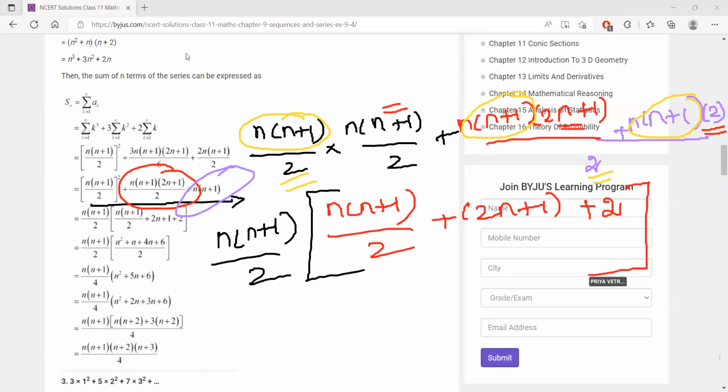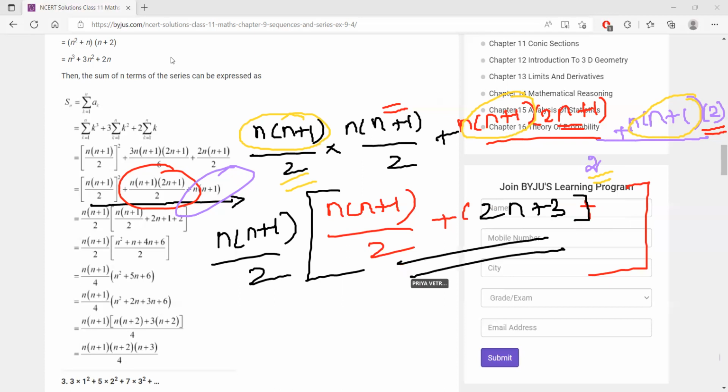Can you follow it all? Yeah. So now I have just simplified this. 2n plus 1 plus 2 can be written as 2n plus 3, isn't it?